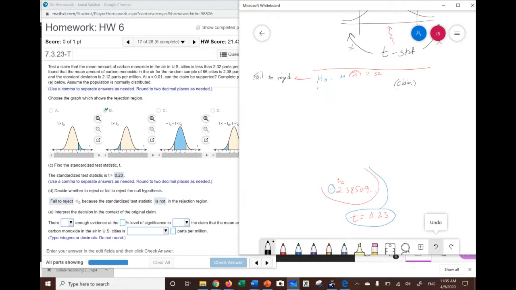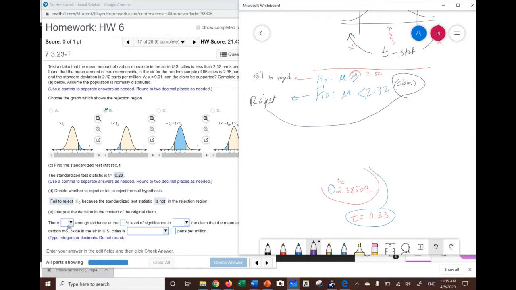Let me rewrite this. Here's H naught: mu greater than or equal to 2.32. This is HA: mu less than 2.32, and this is our claim. So when we fail to reject H naught, we're going to reject HA. And if you reject HA, automatically you are rejecting the claim, because HA happened to be the claim.